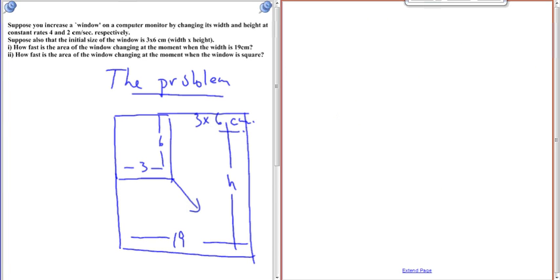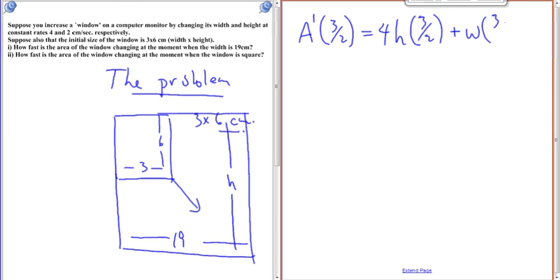So again, we can determine A prime at 3 halves. That's 4 times h at a second and a half plus the width at a second and a half times 2. But what is h at 3 halves? We didn't determine that.